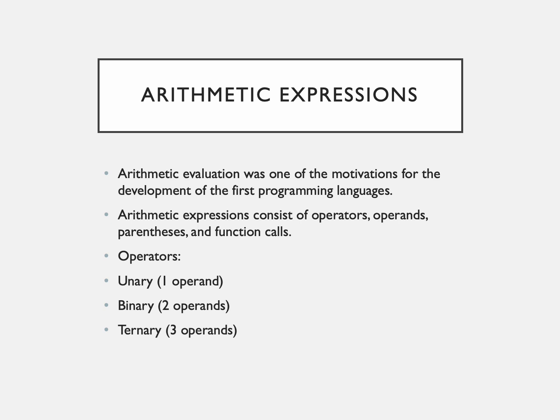Before graphical interfaces and complex algorithms, programming was fundamentally about performing calculations efficiently. Now, an arithmetic expression consists of operators, which are symbols that define the operations like plus, minus, multiplication. Then operands, which are the values on which the operations are performed. Third is parentheses and function calls.